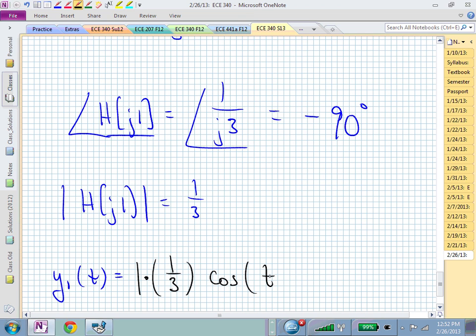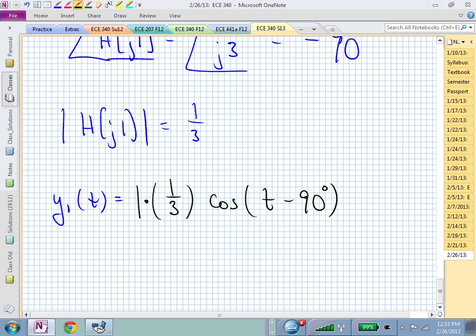We continue to oscillate at 1 radian per second. And then we shift it in time by this minus 90 degrees. And that's now the result of passing that waveform. So it does get attenuated a fair amount by that sort of innocent-looking linear system, h of s.